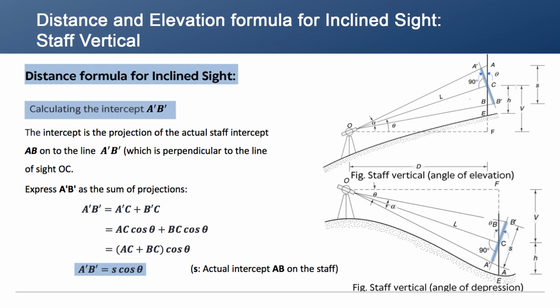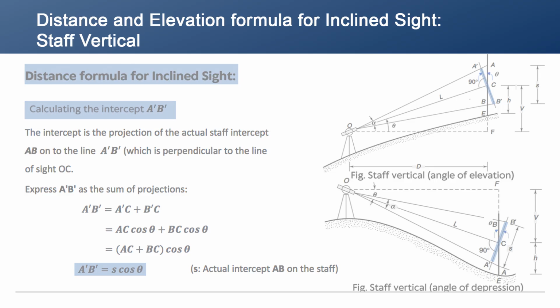And by using basic trigonometry, we can write A'C as AC into cos theta. Similarly, we can also write B'C as BC into cos theta. Therefore, the total intercept A'B' is equal to (AC plus BC) into cos theta, which is equal to S cos theta. Here S is the actual intercept AB on the staff.